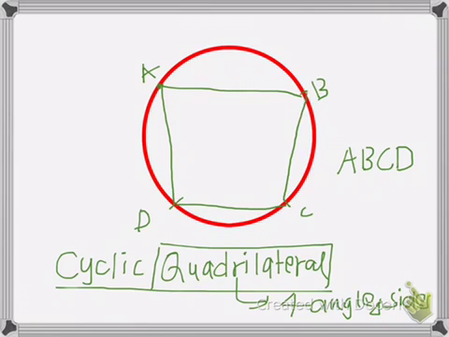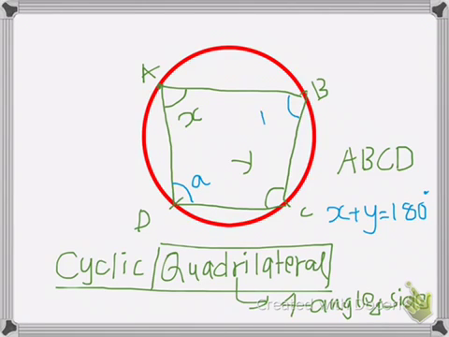So the property here is, if I say this angle X and this opposite angle Y, they sum together to give 180 degree. So we can say X plus Y is 180 degree, and if I say this is A and this is B, these two are opposite angles and they sum up to give 180 degree.